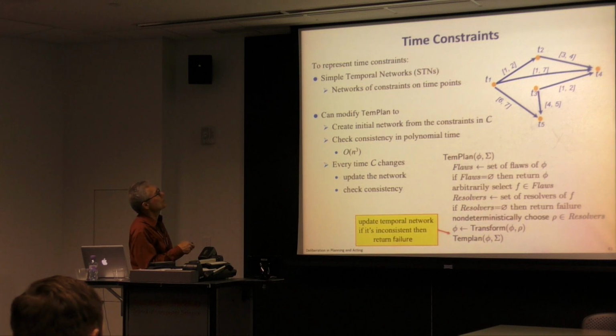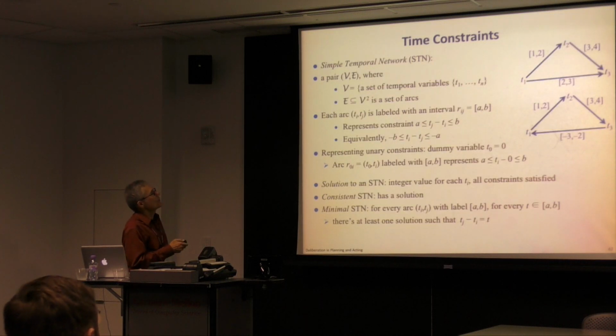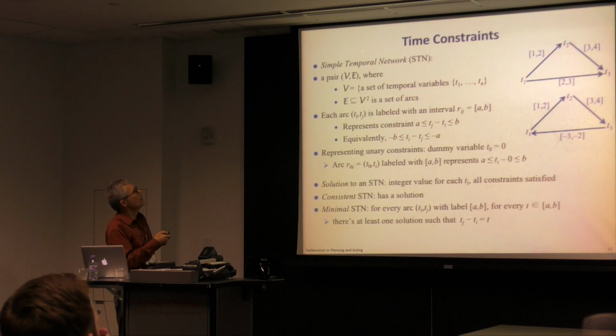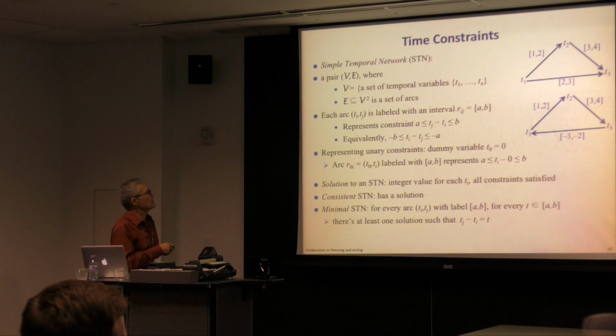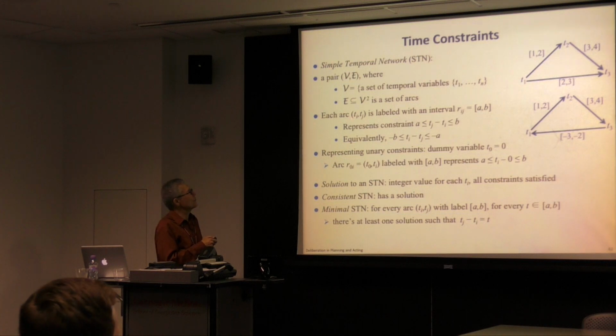So to represent time constraints, we have a simple network of time points. It looks something like that. What is it formally? Well, it's a pair (V, E), where V is a set of temporal variables, and E is a set of arcs connecting pairs of temporal variables. Each arc from time point ti to tj is labeled with a time interval, which we're going to call r sub ij.